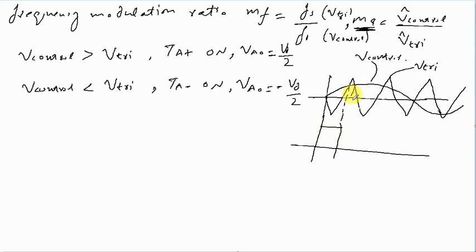For this interval here, the control signal, shown by this arrow, is less than the triangular signal, so the other switch will be on, and that will result in minus VD by 2. This is plus VD by 2 and this one is minus VD by 2. This is what we will have for the output voltage signal VA naught.